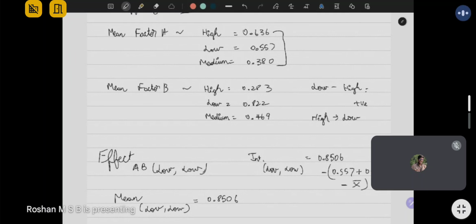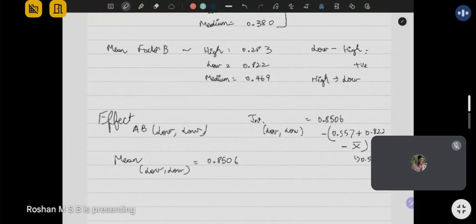What's the overall mean? That will be around 0.524. If you do this, your interaction effect for low and low level in both factors will come out to be around minus 0.0037.